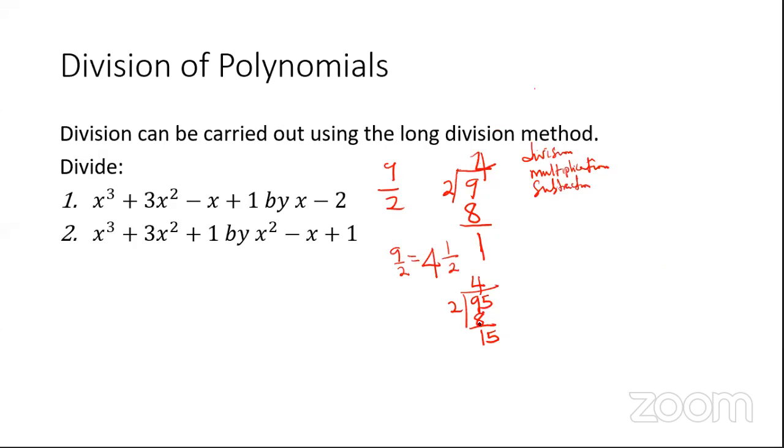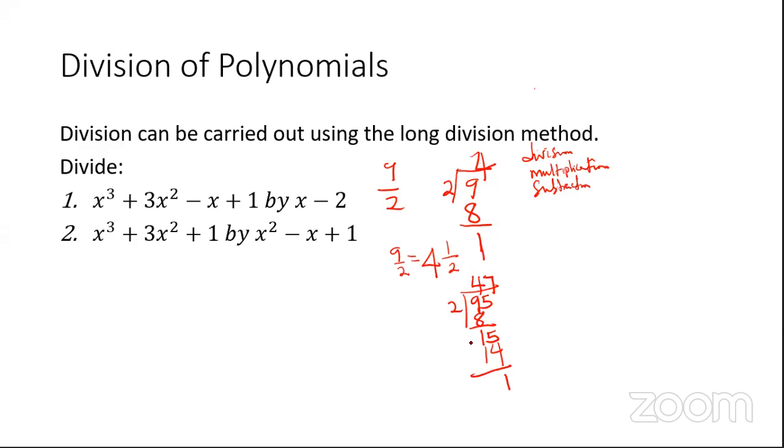The next thing, we repeat the process: divide again. How many times can 2 go in 15? It is 7 times. 7 times 2 is 14. That's multiplication. Then 15 minus 14 is 1. That's the remainder. I want to believe that you remember this. I'm just trying to refresh our memory.